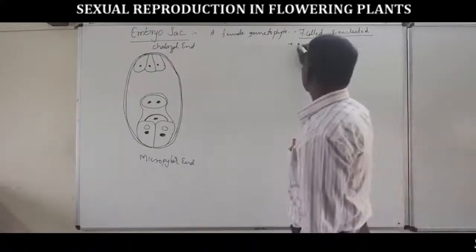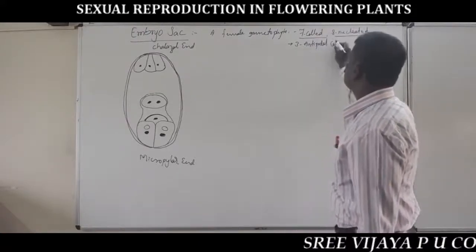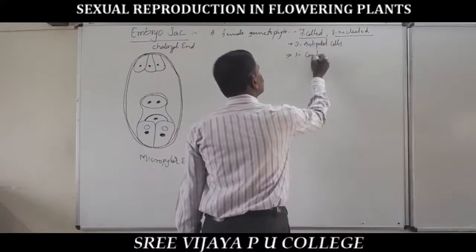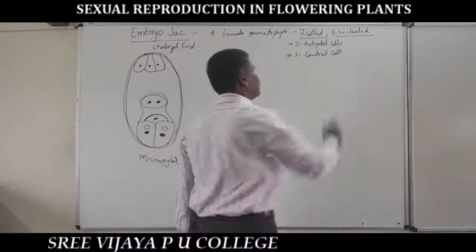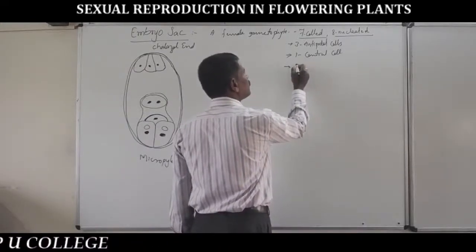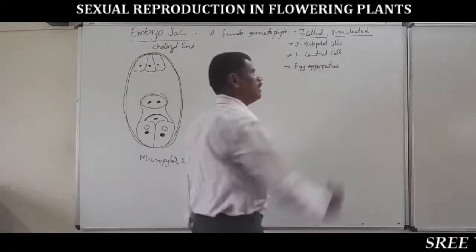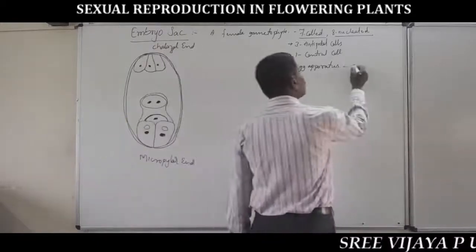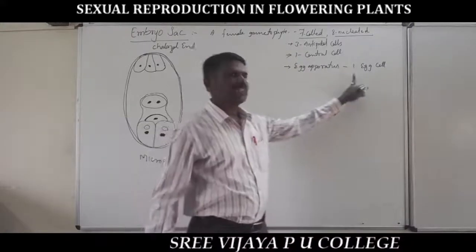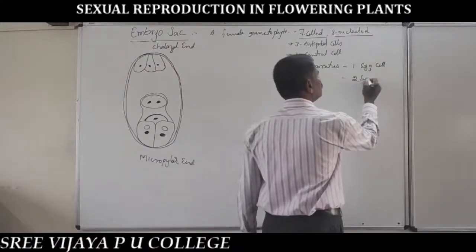Three antipodal cells, one centrally located cell, that is the central cell, and three cells towards the micropylar end, that is the egg apparatus. In the egg apparatus, there is one egg cell and two synergids.